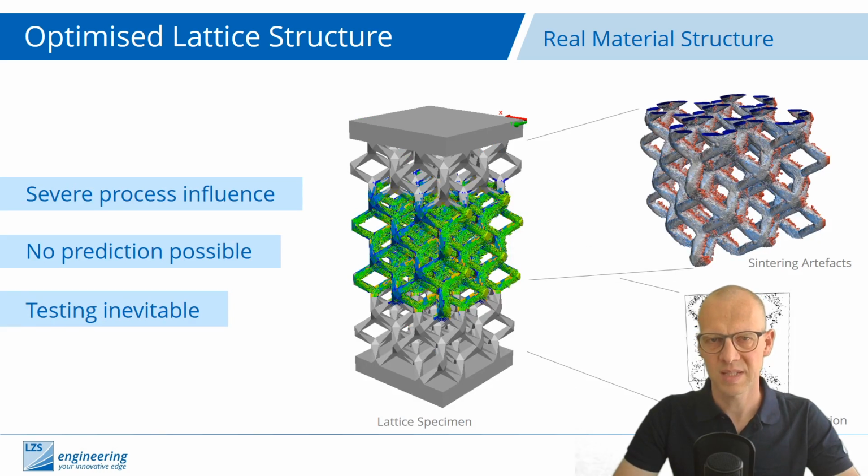But as I already said, especially those powder-based additive manufacturing technologies are quite sensitive regarding the process behavior. And what you see here is a CT scan of a real additive manufactured grid structure.